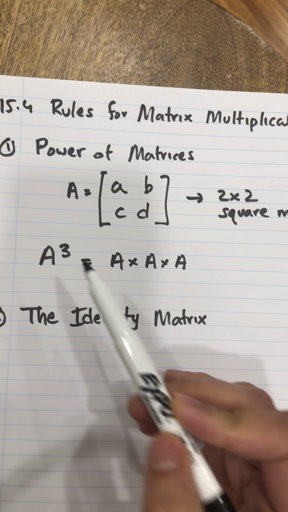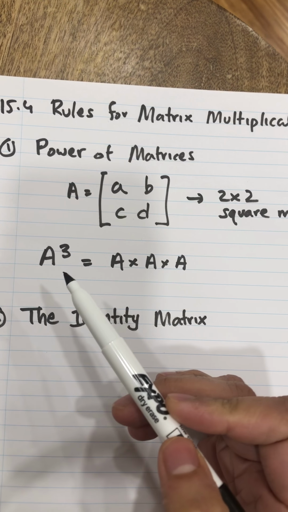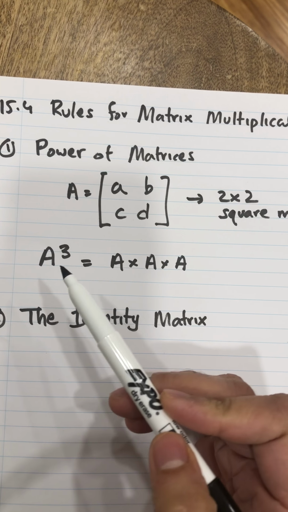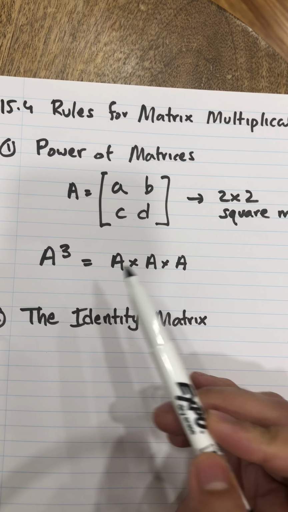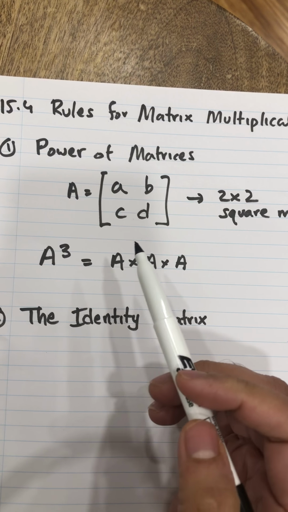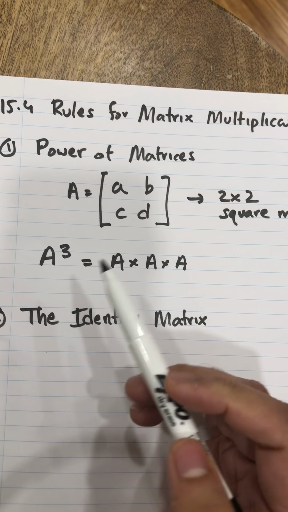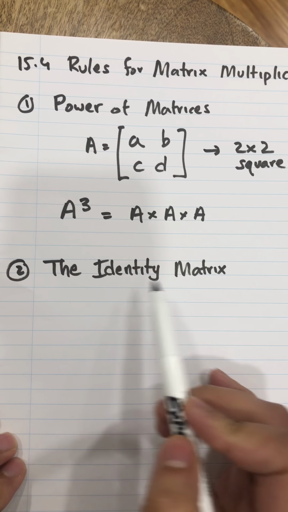Well, it just means that you're multiplying the matrix A 3 times. So essentially, you can raise any matrix to any power. If this was A square, this would be A into A, right? So you can also do a matrix operation with powers.